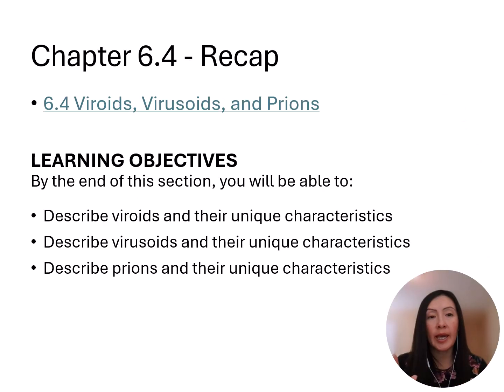All right, let's recap these viroids, virusoids, and prions. Viroids are the smallest known infectious agents. They consist of only short, circular, single-stranded RNA. There's no protein coat, no capsid. They are self-replicating using host machinery, and they can cause plant diseases like potato spindle tuber or avocado disease.